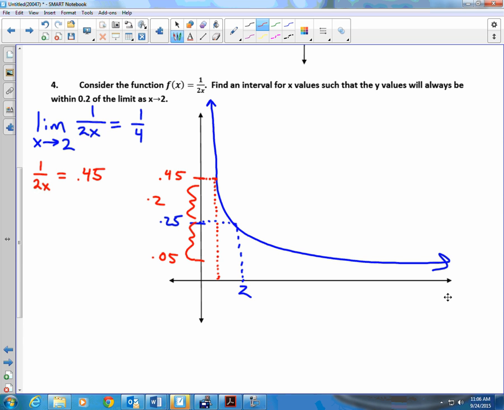We'll multiply both sides by 2x. 1 is equal to 0.9x, divided by 0.9. This is 9/10. 1 over 9/10 is 10/9. Everybody okay with how I came up with that value?